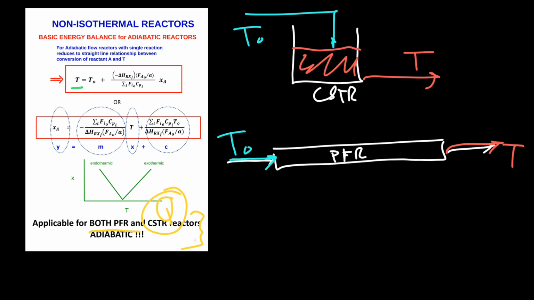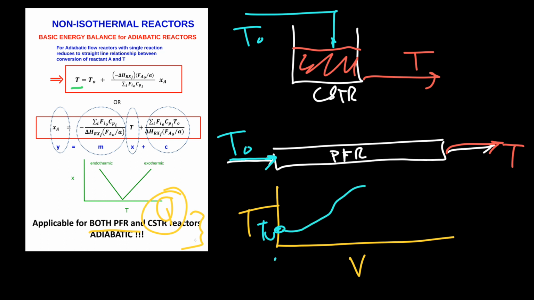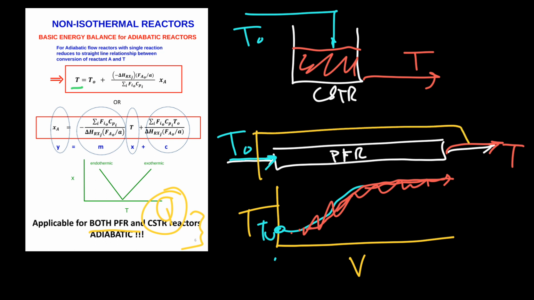Whereas in my PFR, there will be a gradual change, if it's an exothermic reaction, from my T0 value at the inlet to the outlet temperature at the outlet. So there's going to be a variation in temperature, and of course that will affect my rate. But overall, over this entire black box system, because it's adiabatic, I can apply that equation.